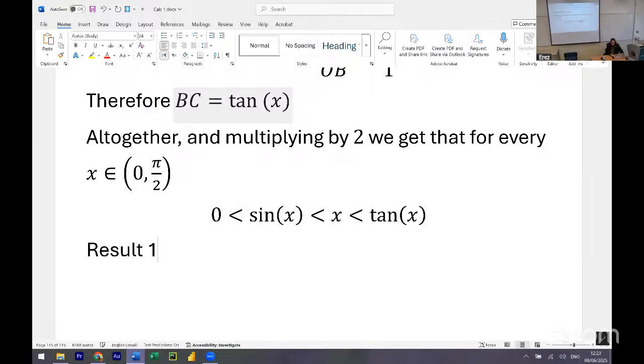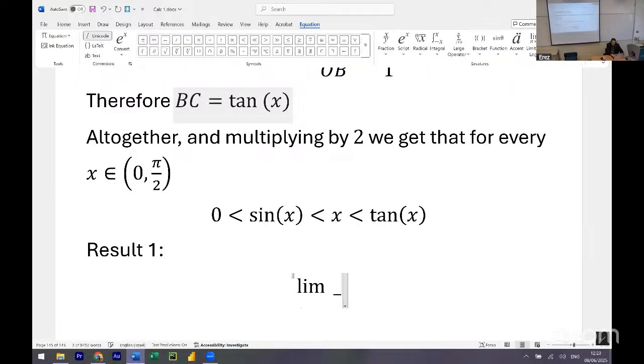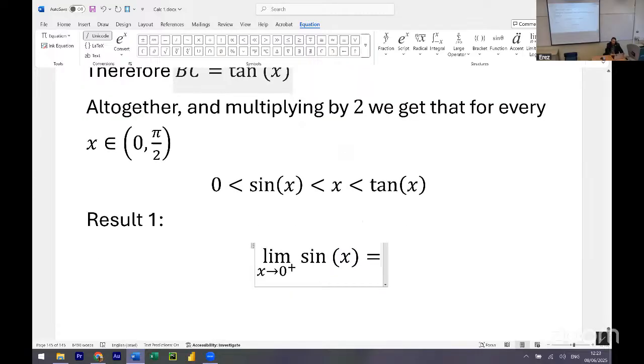Result one, I'll call it. The limit when x goes to 0 from the right-hand side of sine of x, what is it? And why is it a result? Look at this part.